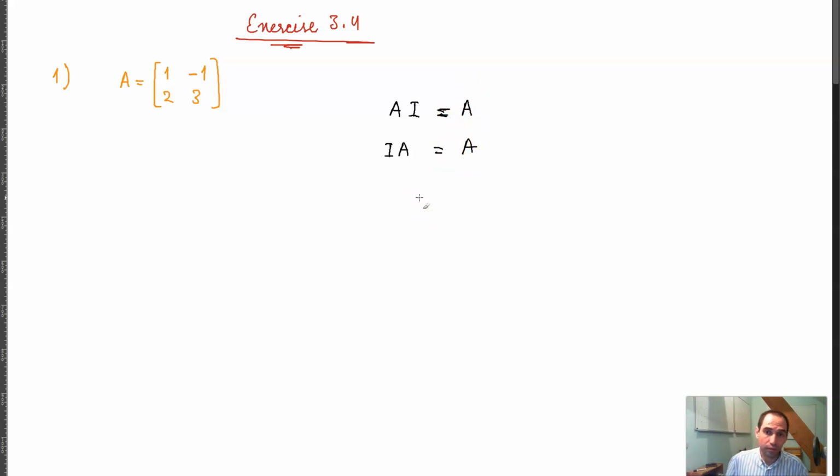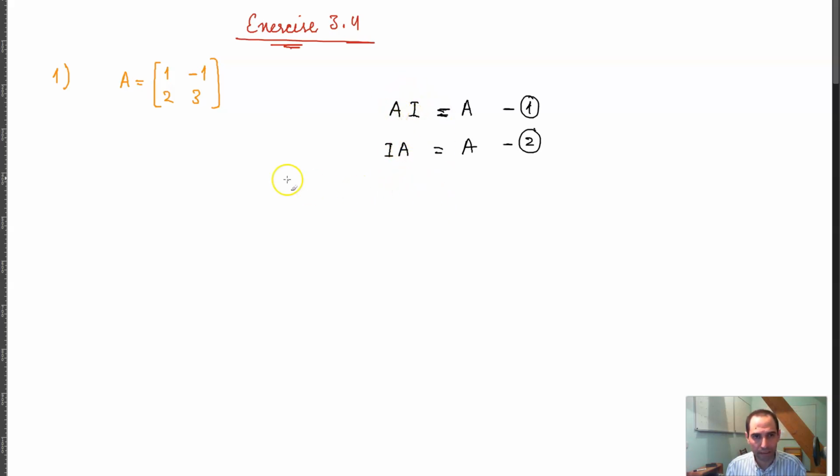Now, I call this equation number 1, and I call this equation number 2. For row operations, I'm going to use one of these, and for column operations, I'm going to use the other, because it's not possible to use both of them for row operations, or both for column operations.